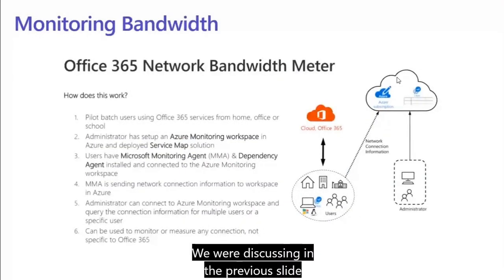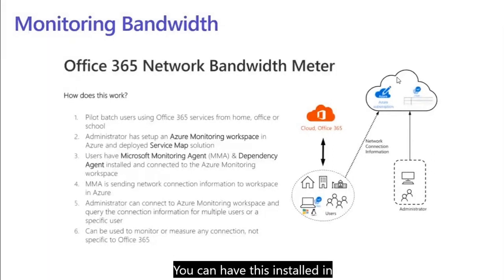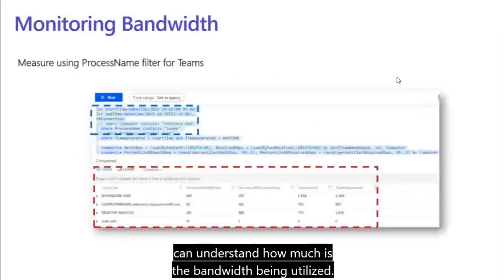We were discussing in the previous slide that we have a utility called bandwidth monitor. You may use the bandwidth monitor leveraging the Azure monitoring workspace and the service map solutions. You can have this installed on a few machines in your network, which can understand how much bandwidth is being utilized.